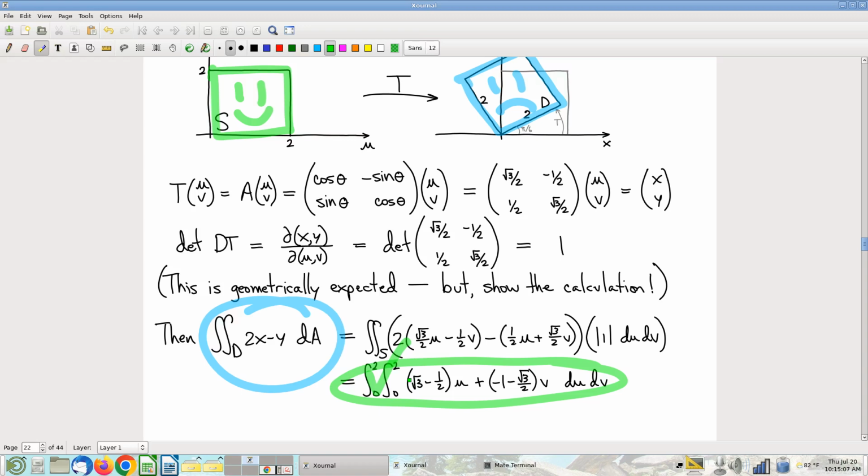Now, I know what you might be thinking. You may be thinking, this domain was a lot nicer, and this integrand was a lot nicer, and this integrand is looking weirder. True.